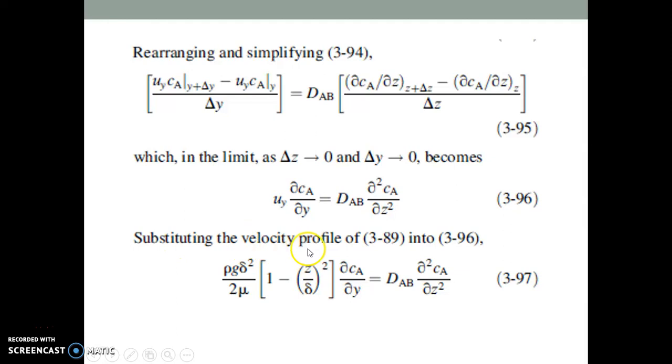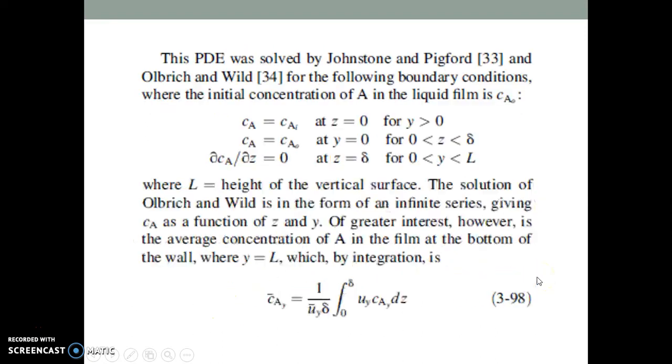And by substituting the velocity profile, from these two previous equations, into 3.96, we can get this equation, 3.97.